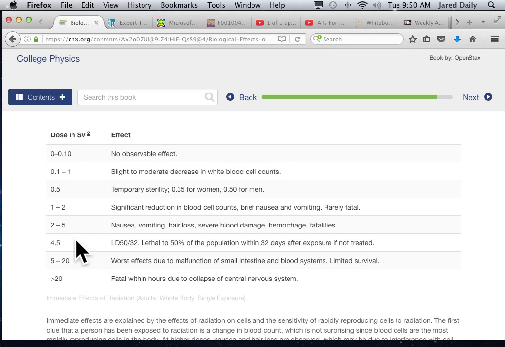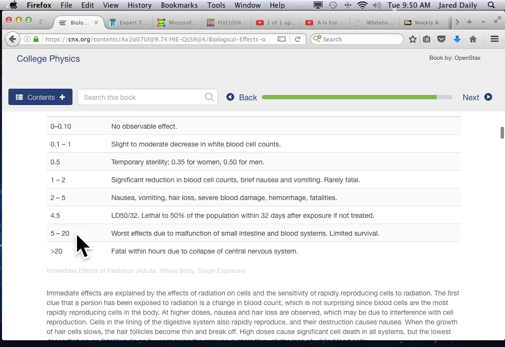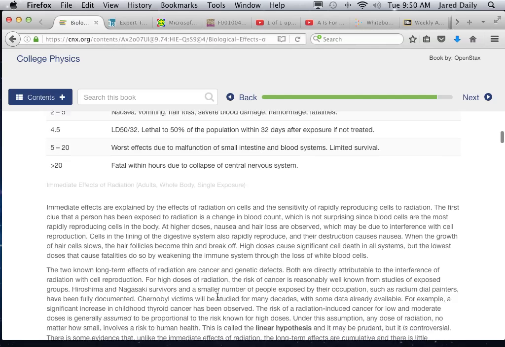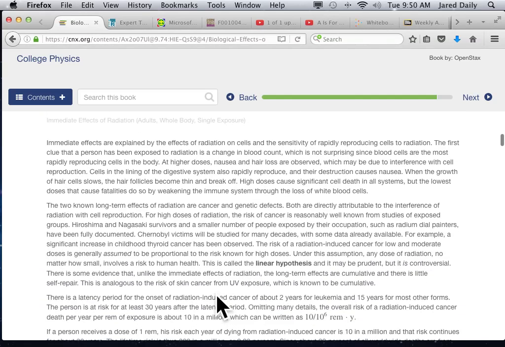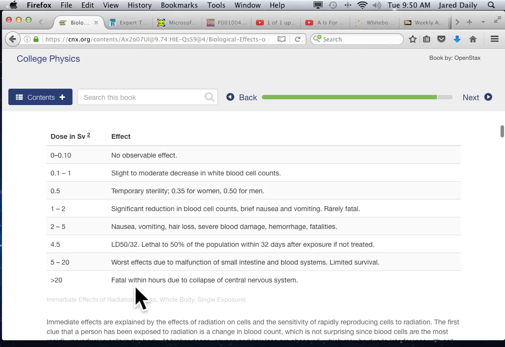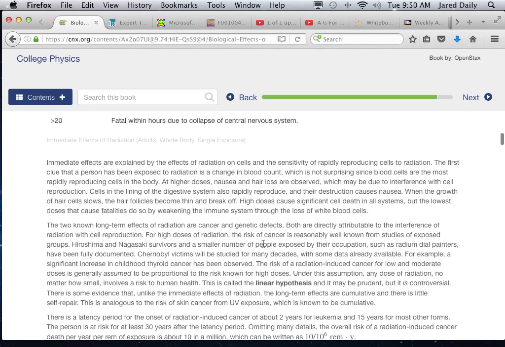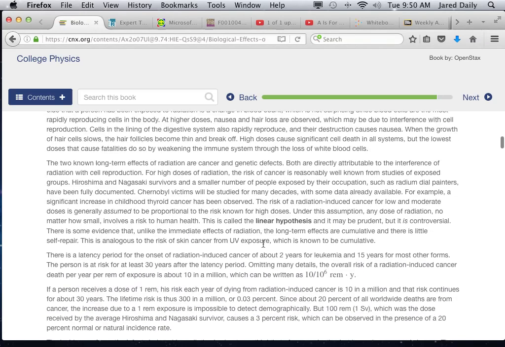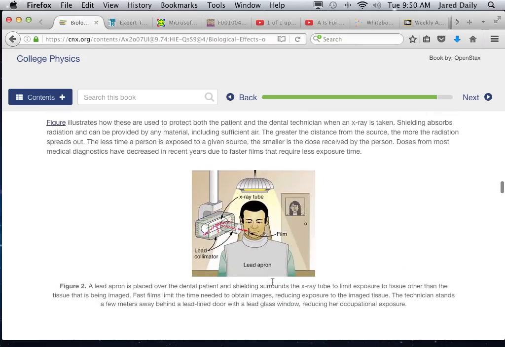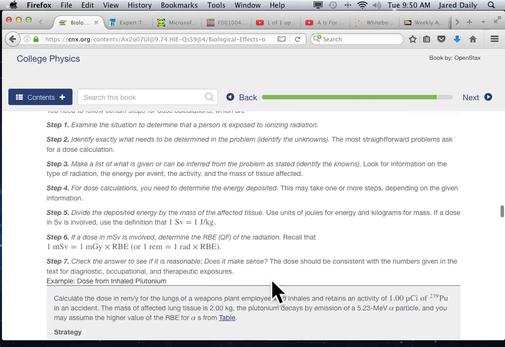So these are single exposure effects. If that happens over 1 year, then it probably isn't going to be as bad, but still, probably there'll be some effects.